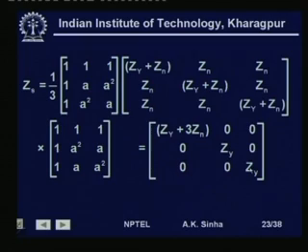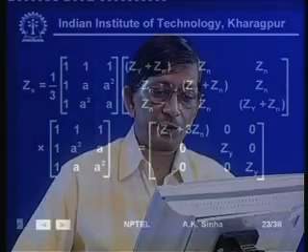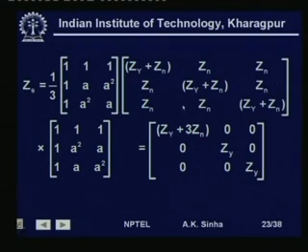Now, what is the difference that we have found here between the phasor quantities and the sequence quantities? Zp is a 3 by 3 matrix with all off diagonal elements present, whereas this Zs is a diagonal matrix, with no off diagonal terms. What does it mean? The 3 sequence networks are uncoupled with each other.